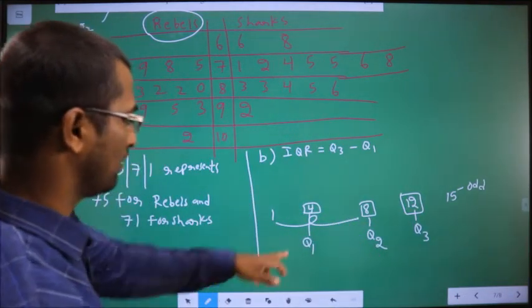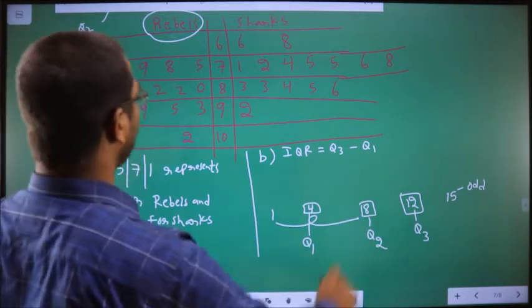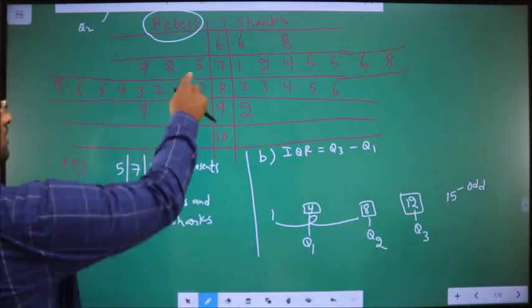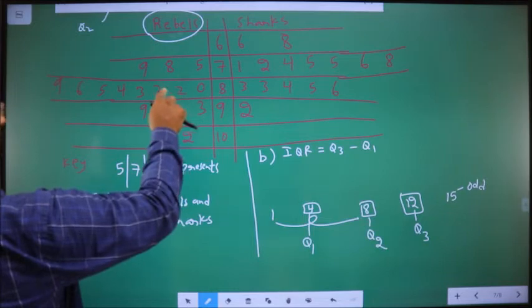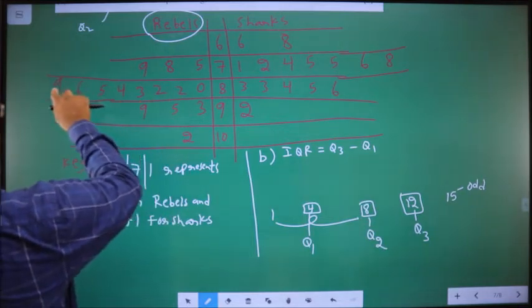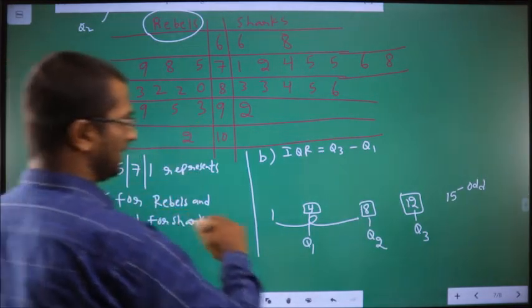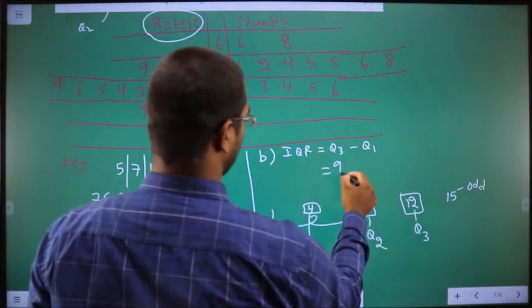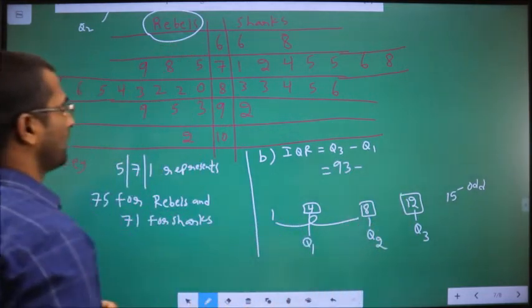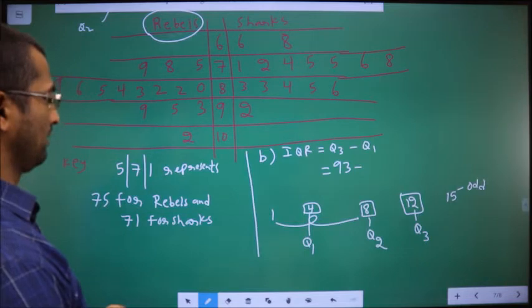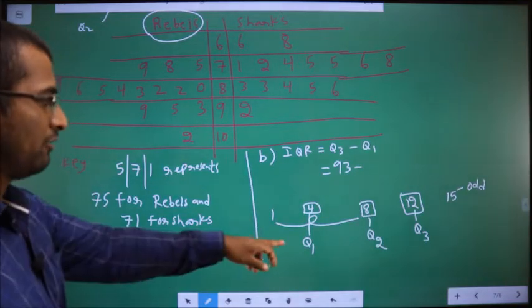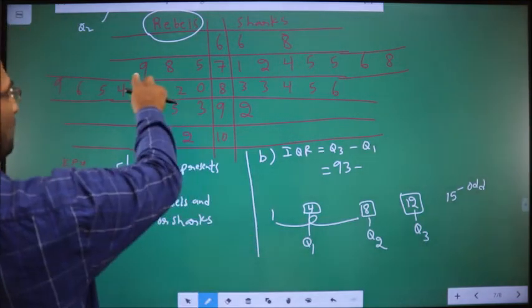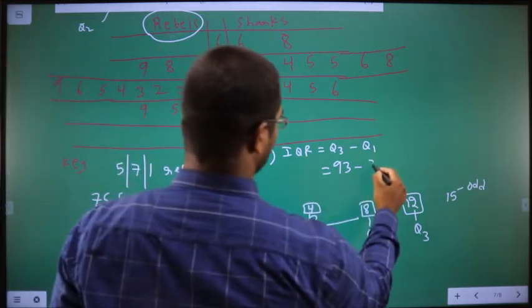Now look for Q3 first, 12th position. So 1, 2, 3, 4, 5, 6, 7, 8, 9, 10, 11, 12. It's 93, so Q3 is 93. Next Q1 is 4th position. 1, 2, 3, 4, 80.